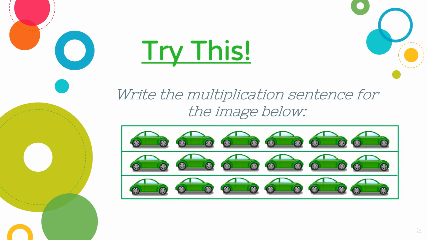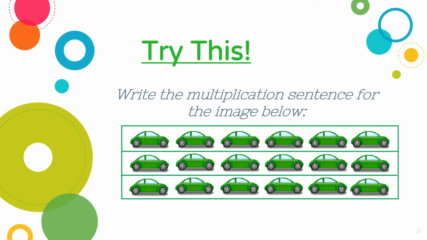So if you weren't here for the last lesson on multiplication and repeated addition and seeing their relationship, or if you forgot, I would like to remind you that when we're looking at something like this image that you see here, it's called an array. We are going to count the number of rows and count the number of items in each row.